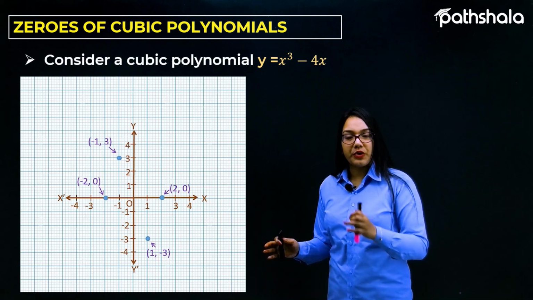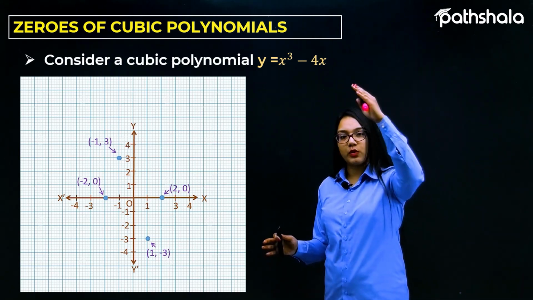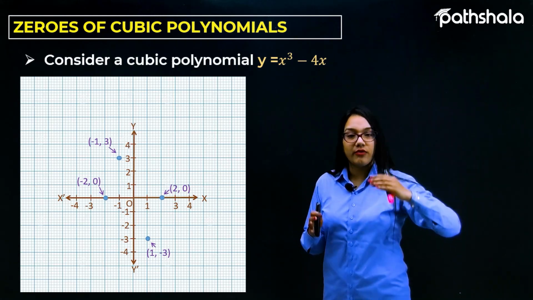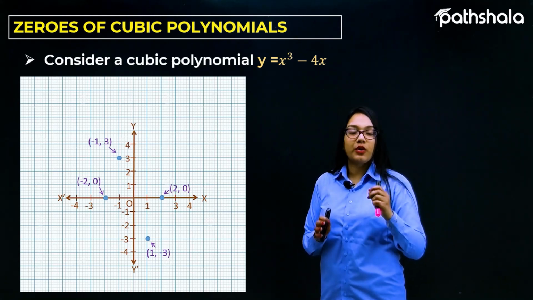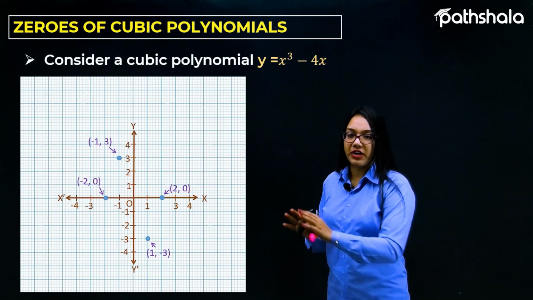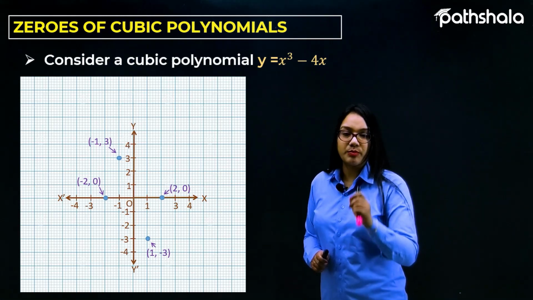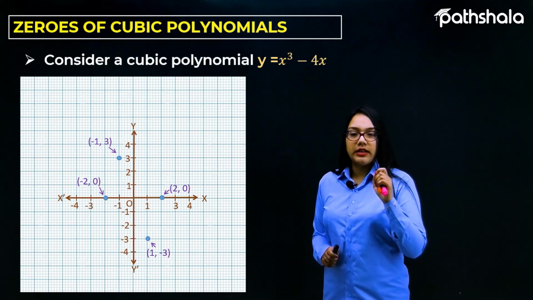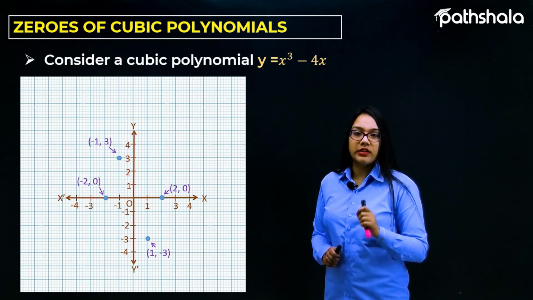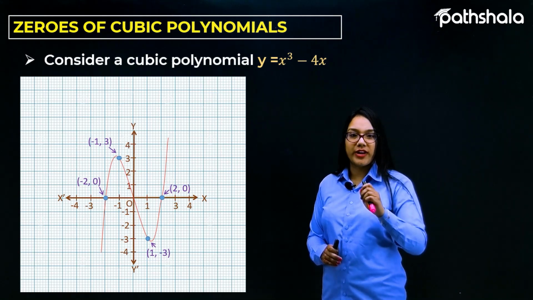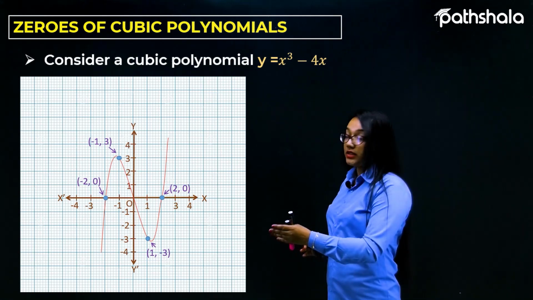I have substituted all these x values in this particular curve, and after substitution I got the value of y, and I have plotted all those x, y coordinates on this graph. After plotting these coordinates, let us suppose I am joining all of them, and thus the graph that is formed, of the form y is equal to x cube minus 4x, is in this form.